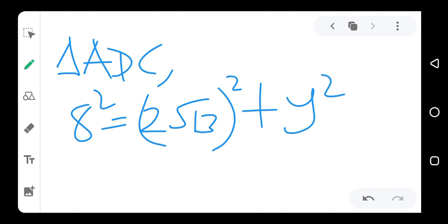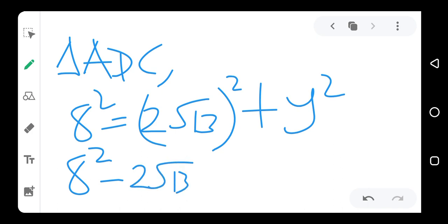Now 8 squared minus 2 root 13 squared is equal to y squared.